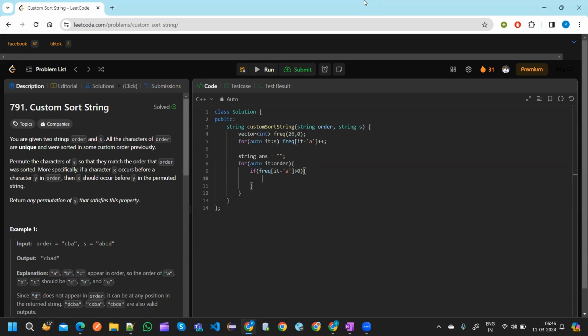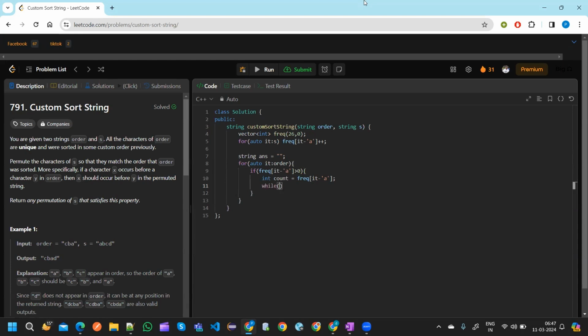That means that character is present in the string S. So we will check the count. This many characters were present in the main string S, so we will append this many characters in the final string.